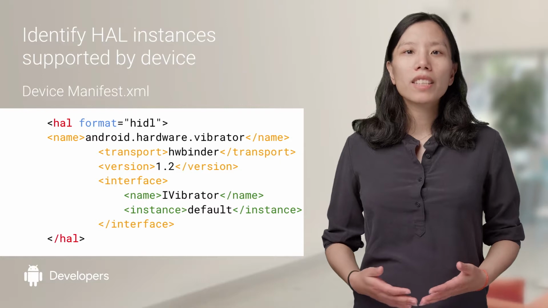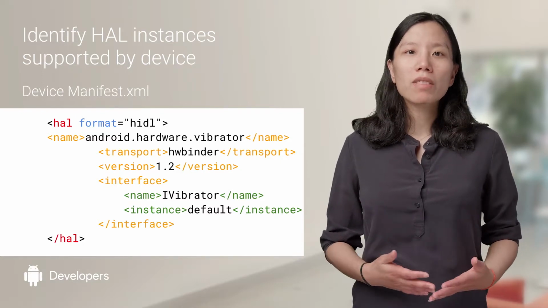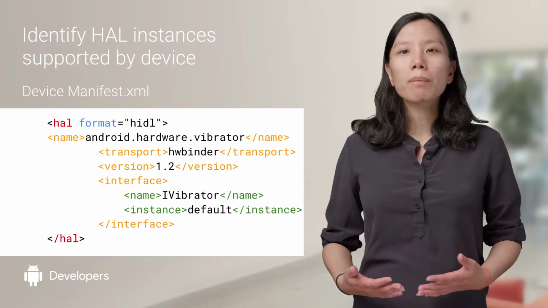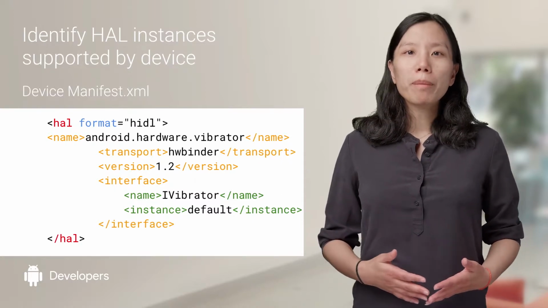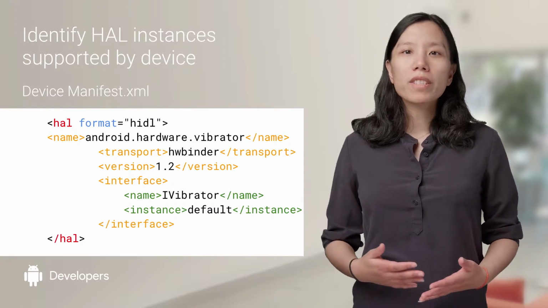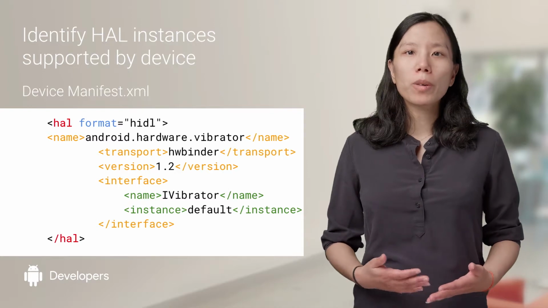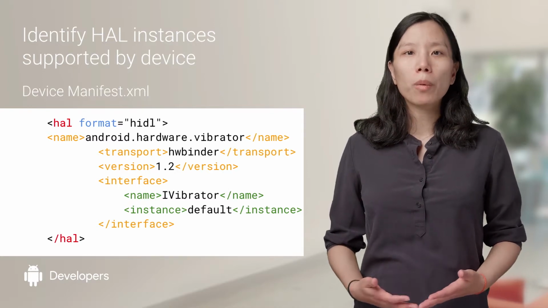According to the health inheritance model, the claimed health also supports healths with a lower minor version. For example, here it claims that it supports a vibrator health with version 1.2, which means it also supports a health with version 1.0 and 1.1.